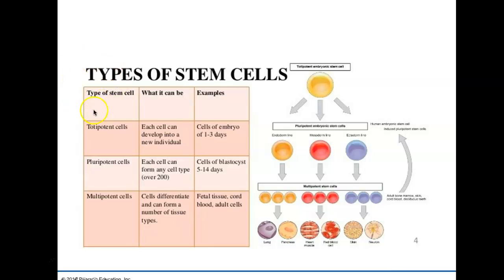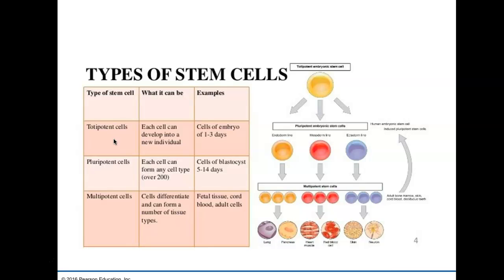So totipotent, so what you're going to write on that left-hand side is a totipotent cell is a cell that comes from an embryo that's only 1 to 3 days old. A totipotent stem cell can actually develop into a new individual. So it's basically like a real clean slate. So 1 to 3 day old embryos.